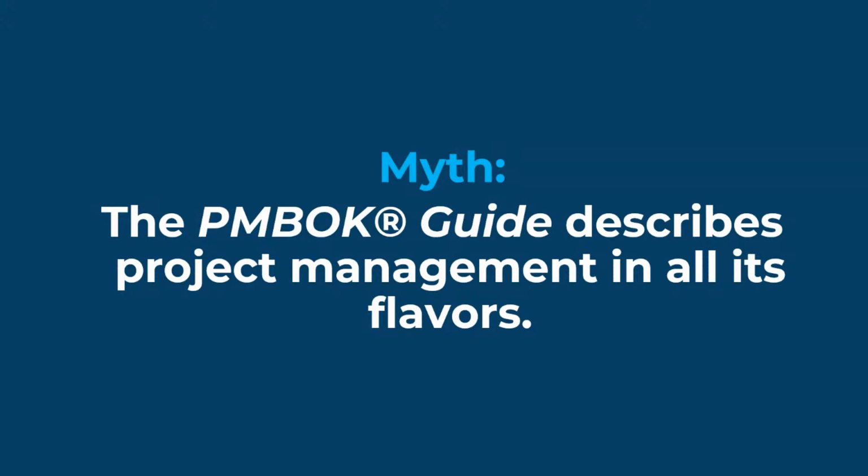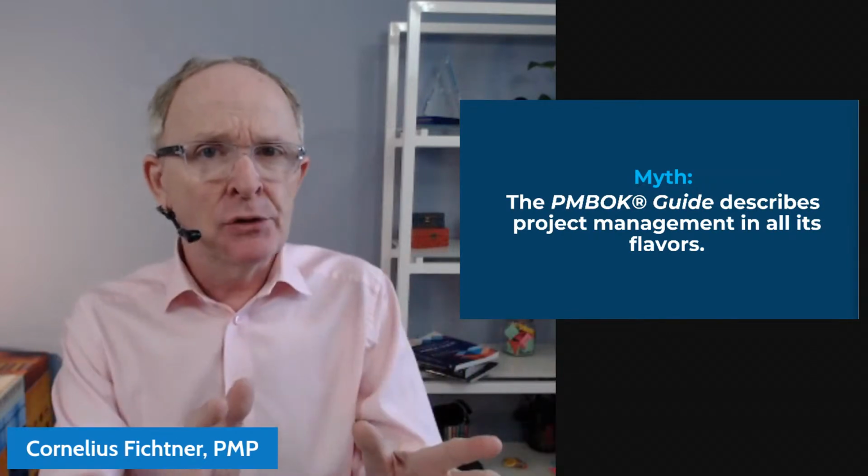The PMBOK guide describes project management in all of its flavors. Well, that is definitely not true for the older versions. PMBOK 5, purely plan-driven, purely predictive. Then PMBOK 6 started adding a little bit of agile into this, okay?